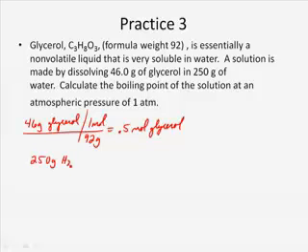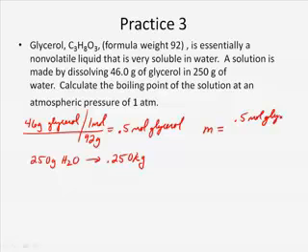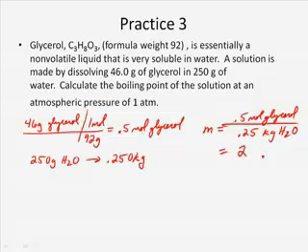All right, we're doing molality, so that's 0.250 kilograms. So my molality is going to equal 0.5 moles of glycerol per 0.25 kilograms of water, which is going to equal 2. Okay, and then we want to calculate the boiling point of the solution at an atmospheric pressure of 1 atmosphere.